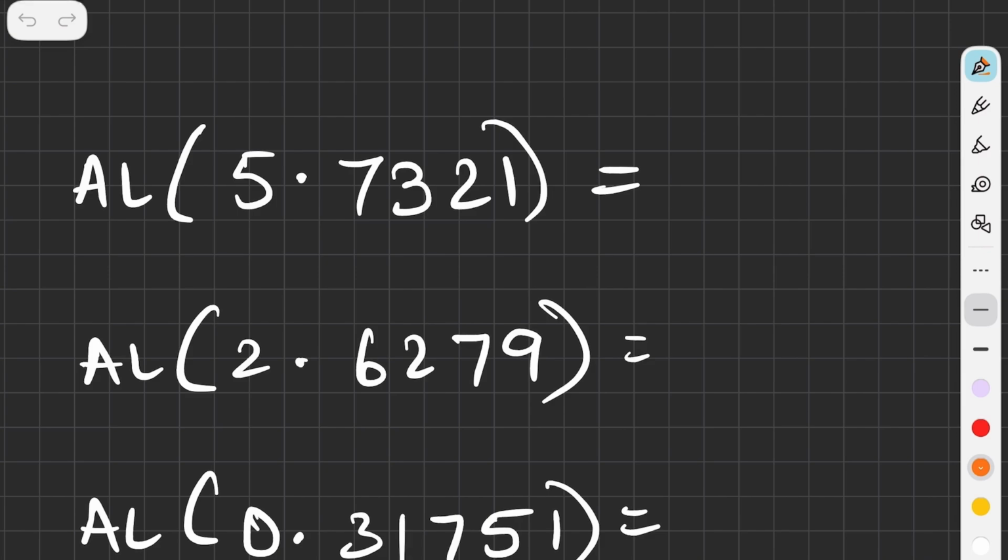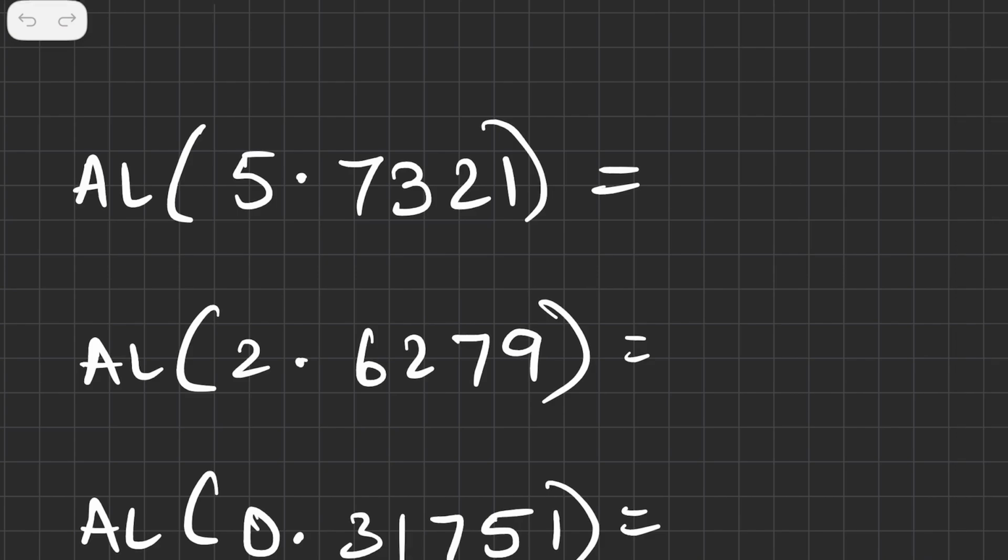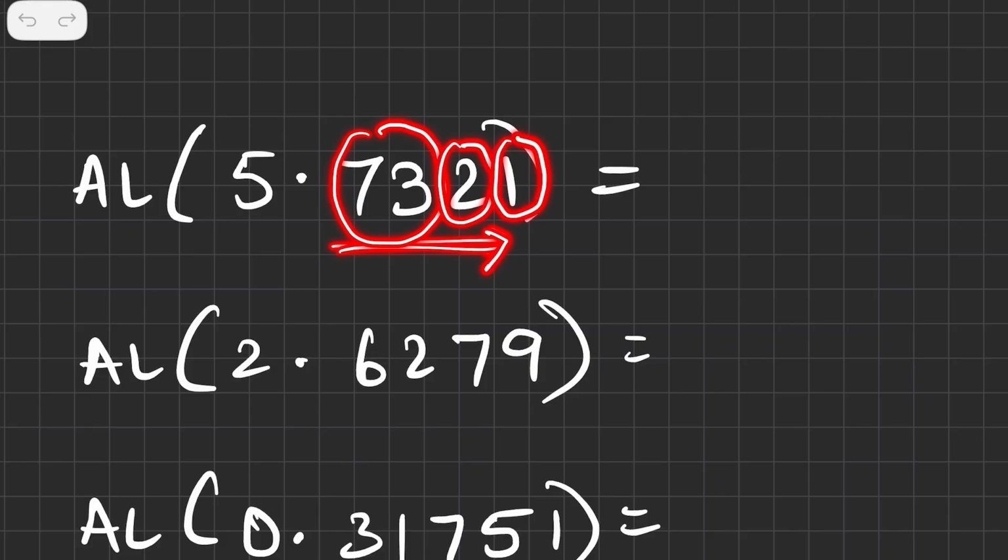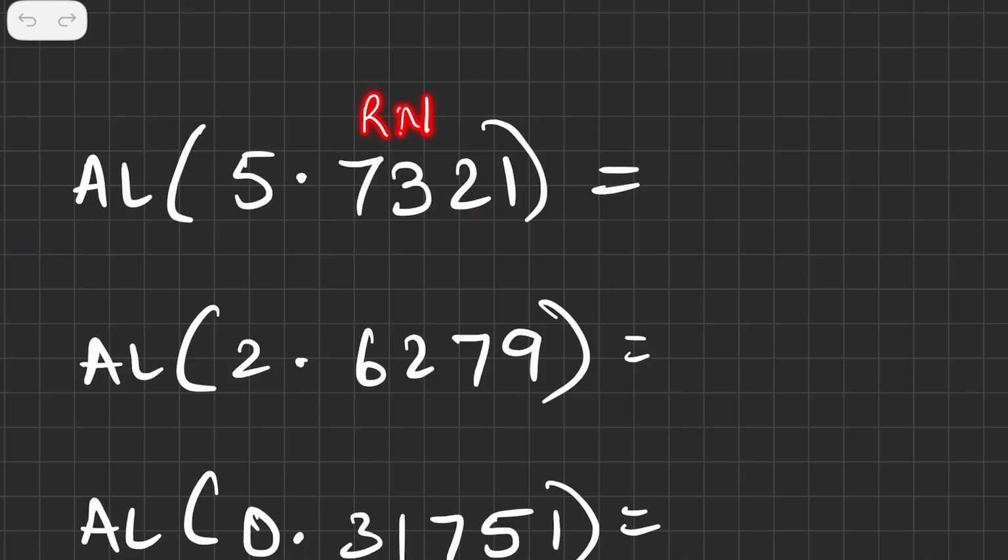The mantissa should be taken after the decimal. So from here you take 4 digits: the first 2 digits, then the next digit, and the next digit. That is 2, 1, 1. So you should look at 73 for the row number, 2 for the column number, and 1 for the mean difference.